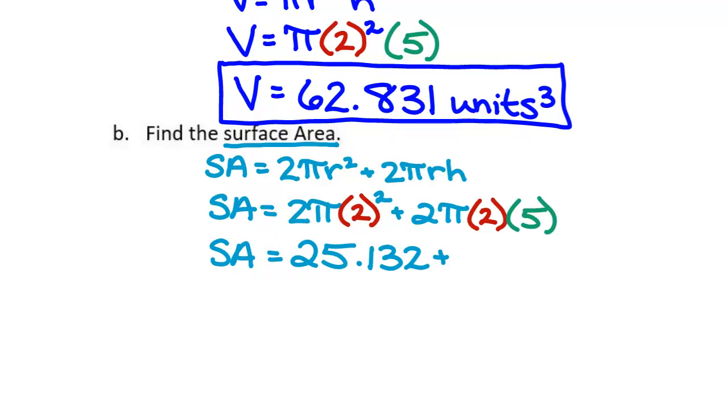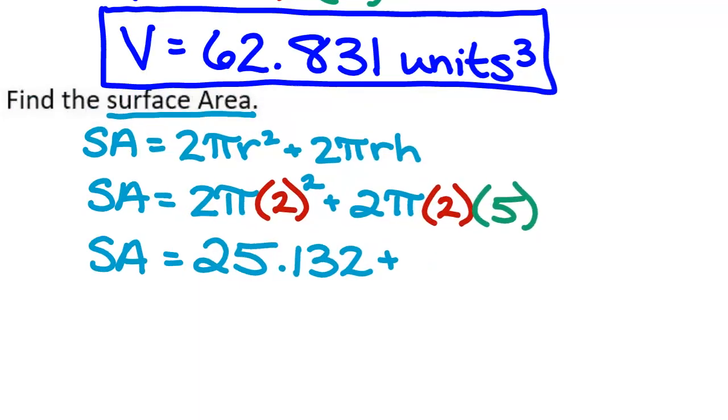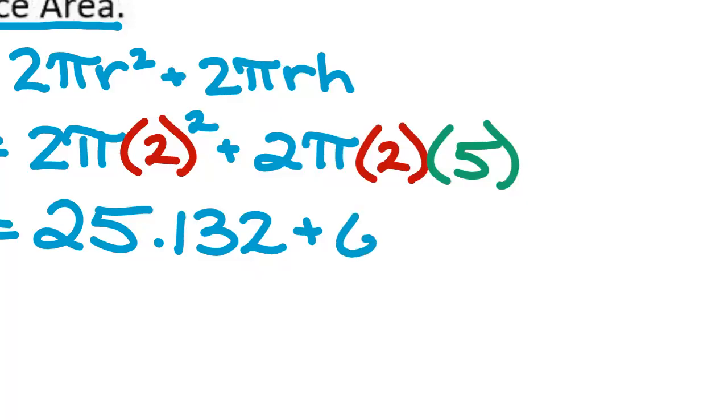Plus 2 pi times 2 times 5. What do you get? 62.831.